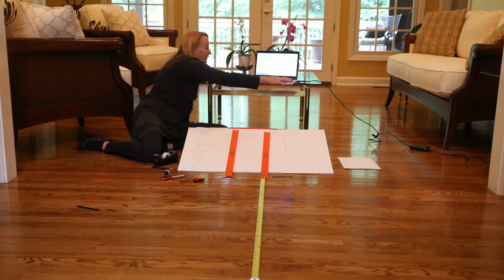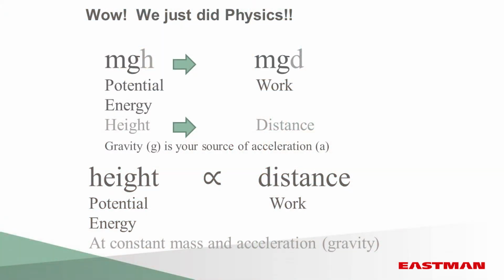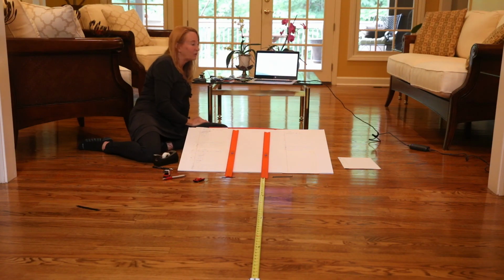If you have a group of 6th graders, they should understand this math. So your height is proportional to the distance it went, because the potential energy equals the kinetic energy, which then should equal the work that's done. So again, you can go over that in whatever detail you want. But let's move to the next hypothesis.